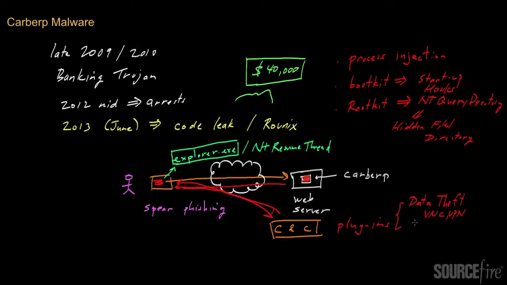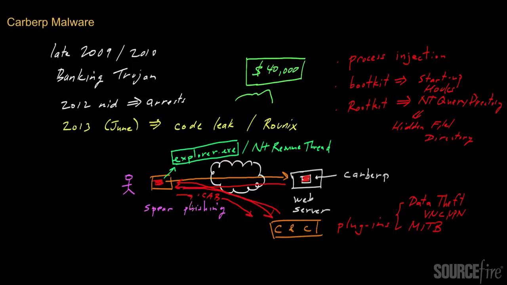In addition, Carberp implements what's known as a man-in-the-browser attack, and I did a series of videos on man-in-the-browser attacks, so I won't go into it in more detail, but effectively what this entails is that the browser activity of the user is monitored, keyboard activity is logged, screen activity is logged when a particular URL is visited, such as the URL of a banking site, and then all this information, these keystroke logs and these screenshots and so on, they actually are archived into what's known as a .cab file, and this cab file is actually transmitted to the CNC server via an HTTP request.